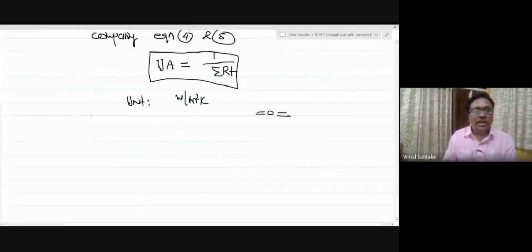Now, during this entire discussion of heat transfer through composite wall separating hot and cold fluid, I have not taken into consideration thermal contact resistances. Now let us discuss if we consider thermal contact resistances.